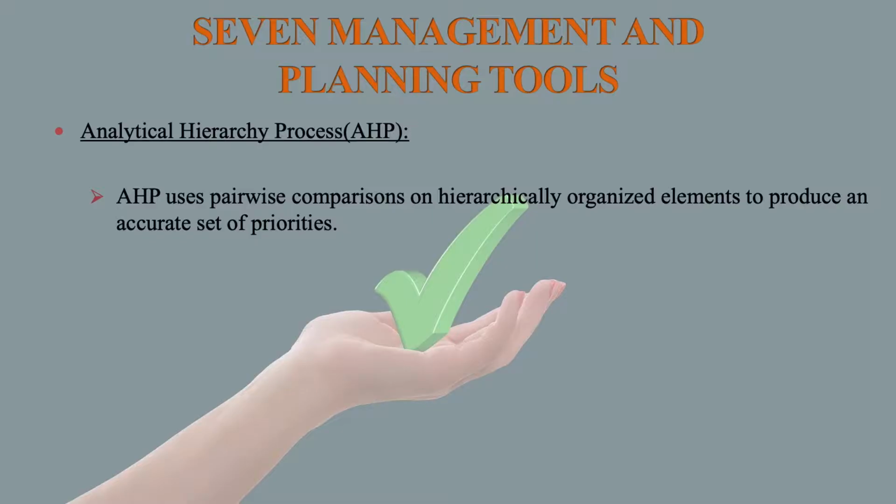7 management and planning tools. The 6th point is analytical hierarchy process, AHP. AHP uses pairwise comparisons on hierarchically organized elements to produce an accurate set of priorities. So it is a hierarchy. It is a research tool which can be utilized by researchers who are doing research on priorities.